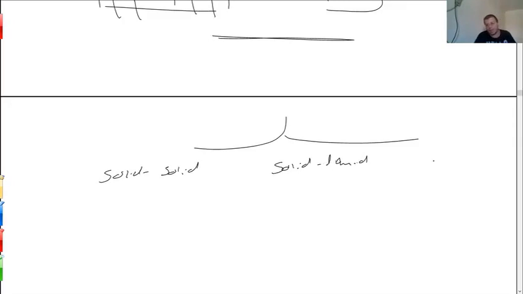Or it may be liquid and liquid: water and oil, water and alcohol, petroleum components. The components of the mixture give us information about the method which will be required to separate those components.